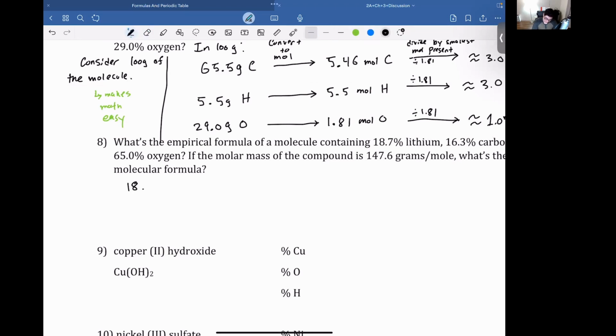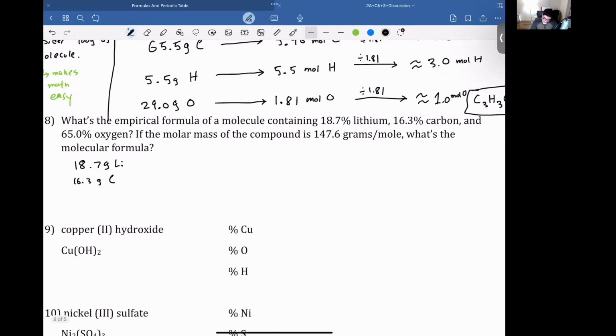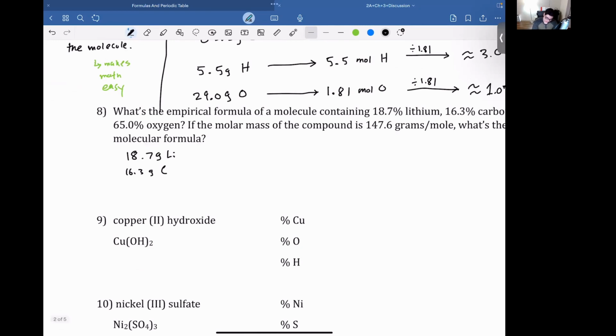18.7 grams of lithium. 16.3 grams of carbon. 65 grams of oxygen, because these are all out of 100 grams, right? Then you go ahead and convert these to moles.